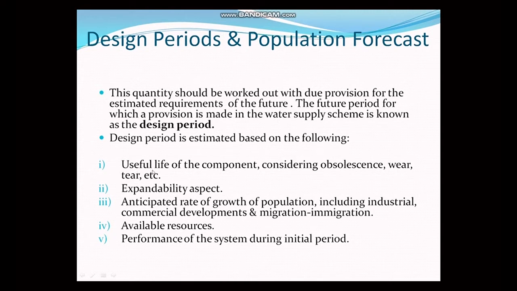Number 1, useful life of the component, considering obsolescence, wear, tear, etc. Number 2 is expandability aspect. Number 3, anticipated rate of growth of population, including industrial, commercial developments and migration immigration. Number 4 is available resources, and number 5 is performance of the system during initial period.